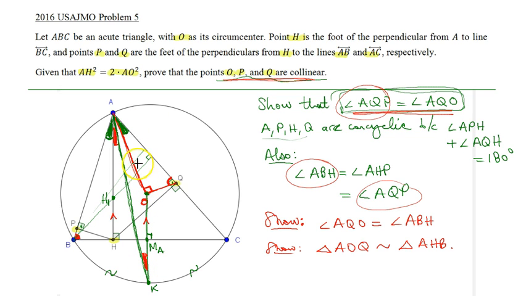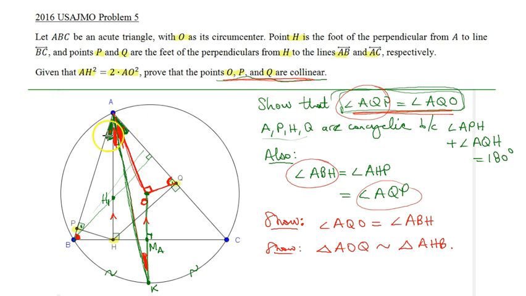Therefore triangle AOK is an isosceles triangle, meaning angle AKO is equal to OAK. So that's also equal. AK is an angle bisector, and we have just proven that the two angles on both sides are equal, suggesting that the green angles here are also equal.